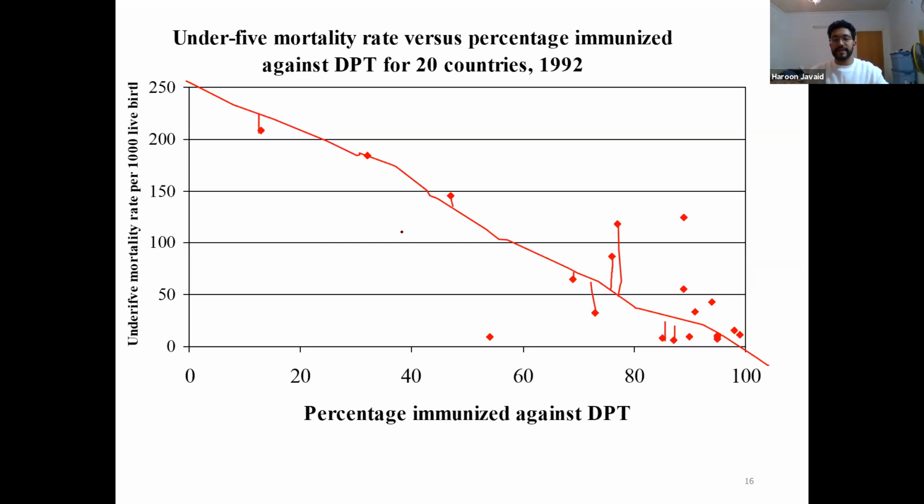Okay, so you see independent over here is on the x-axis. What does independent mean? Independent means it's not depending on any other variable. That means it's under my control. I am the experimenter, so it should be a variable that I have control over, and I have control over immunization in this case, because I am vaccinating people in 20 different countries, okay?